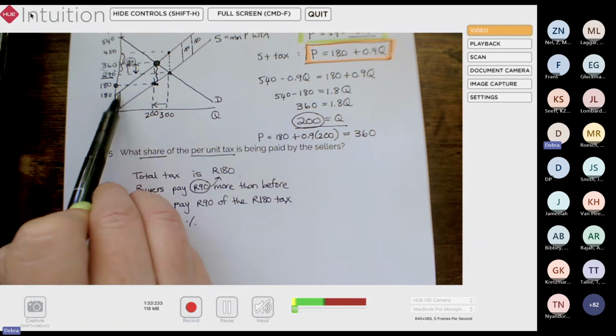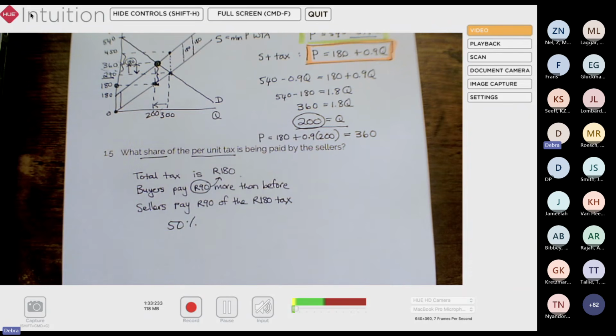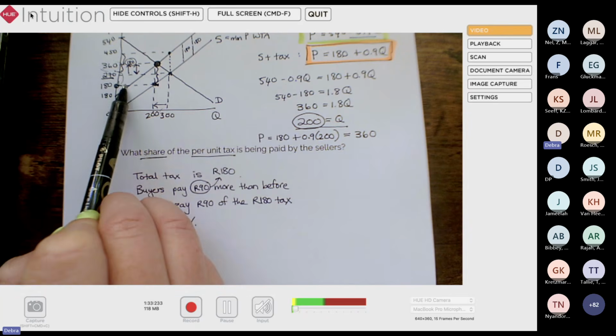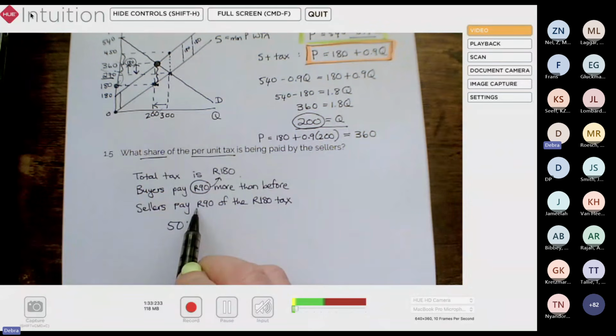Those numbers are the same, but again, this is a very rough sketch. So they only actually get 180 Rand. That doesn't mean that they are getting 180 Rand less than they should. It means that in an original equilibrium without the tax, they would have got 270. Now they only get 180. And so that tells us that they are only receiving 90 Rand less than they used to. And so that 90 Rand represents the portion of the tax that they take responsibility for.